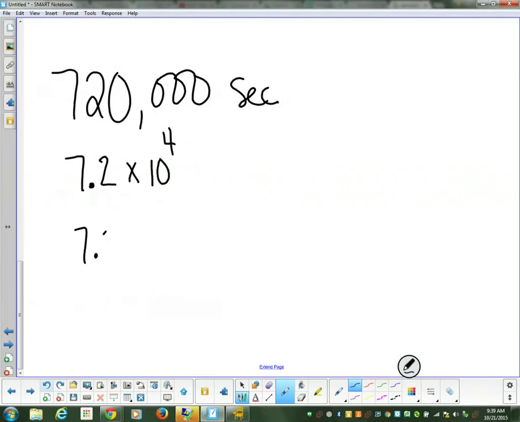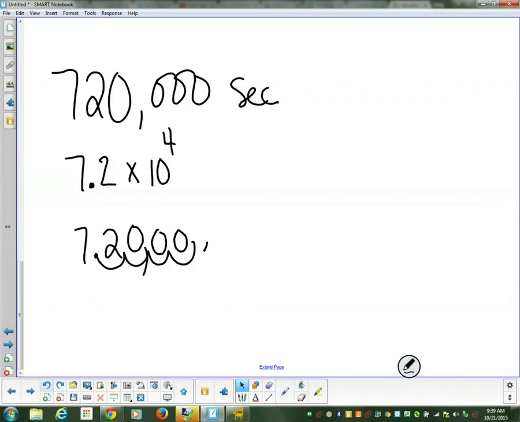So 7.2, 1, 2, 3, 4. Does that number match this number? Nope. So what do you gotta do, Jack? You need to do 10 to the 5th power. Let's check it now. 1, 2, 3, 4, 5.